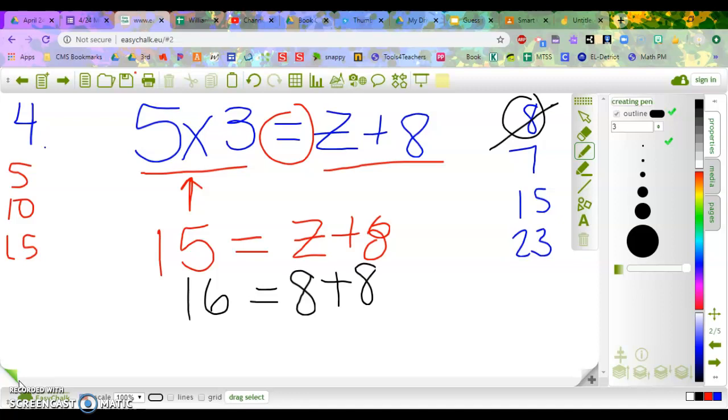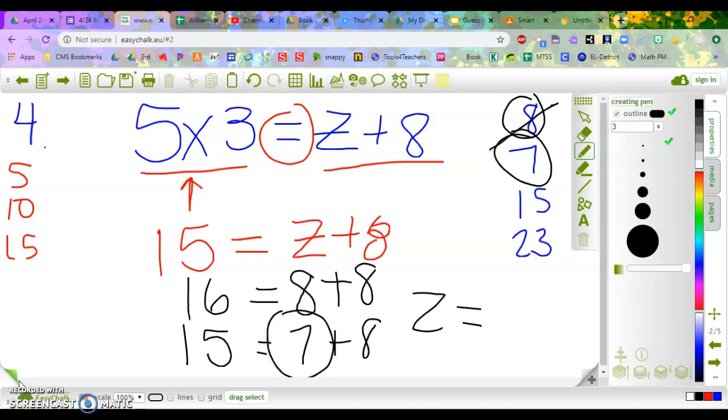So now I'm going to try my next option, which is 7. Still replacing the z, 7 plus 8 equals 15. So my best answer choice is 7. Z equals 7.